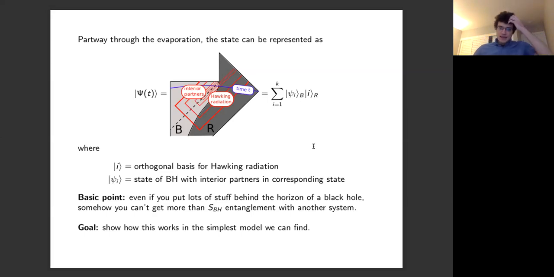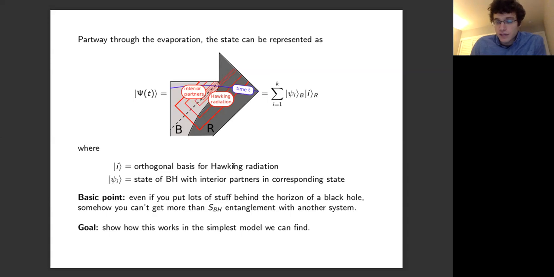Okay, and the basic point that underlies the Page curve, the basic thing that we need to explain, is the following. Even if you put lots of stuff behind the horizon, lots and lots of interior partners, whatever you want to put back there, somehow you can't get more than S_BH, that's the Bekenstein-Hawking amount of entanglement, with any other system.